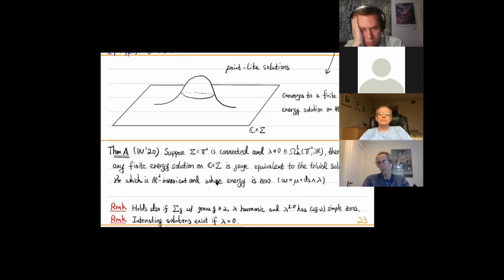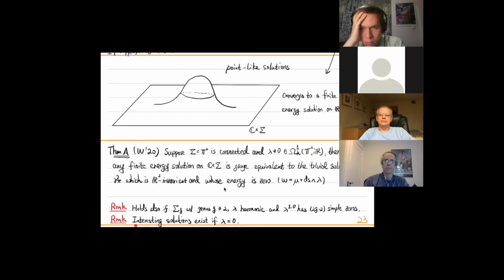So in this case, maybe we can still define the Floer homology when the genus of the boundary is greater than 1. The second remark is this triviality result is not as trivial as it appears, because it really relies on this assumption. And interesting solutions can exist if lambda is identically 0.